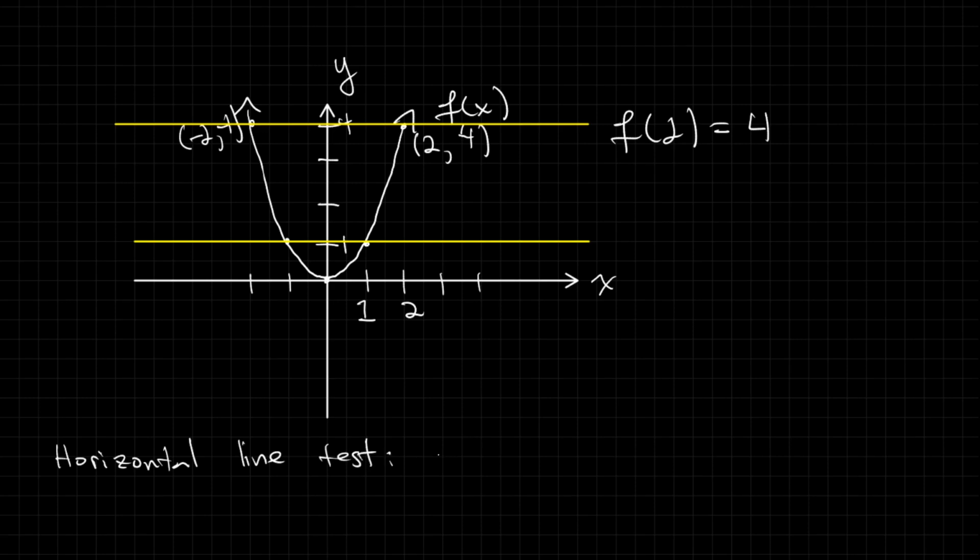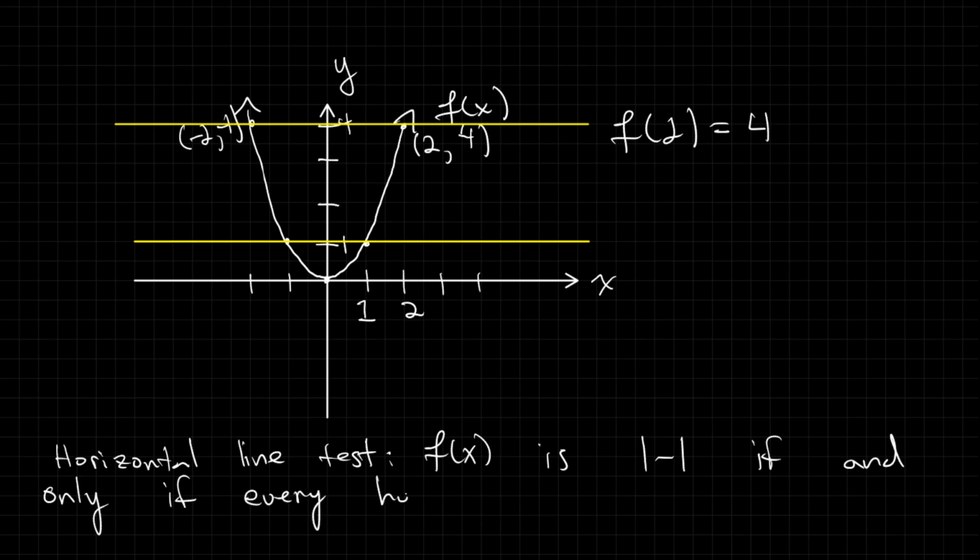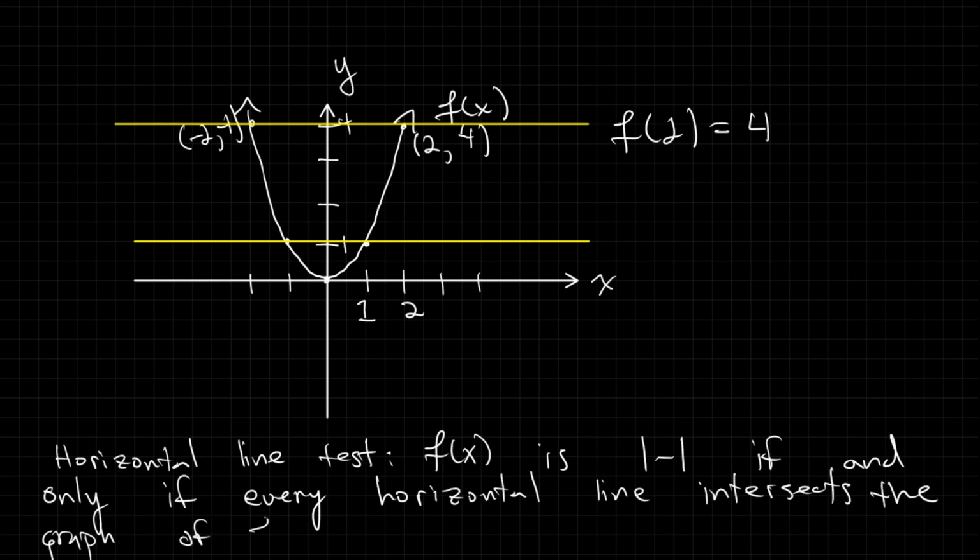It says that f of x is one-to-one if and only if every horizontal line intersects the graph of f at most once.